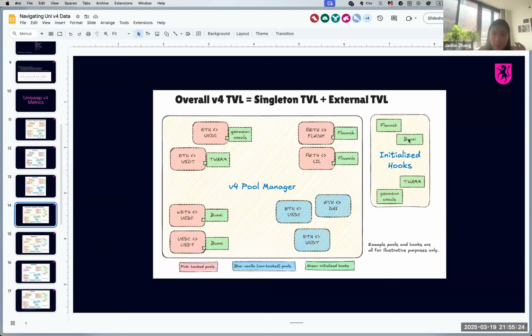Because if you remember, special hooks like custom curve hooks can and will provision liquidity on the hooks itself, which means there is a possibility that the liquidity will sit outside of the pool manager. So when you consider the TVL, it's important to make it whole and think about both sides.